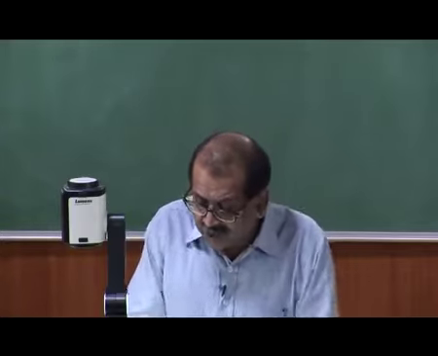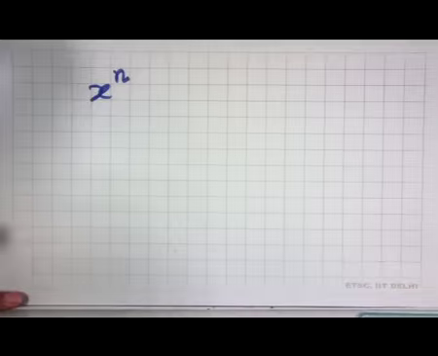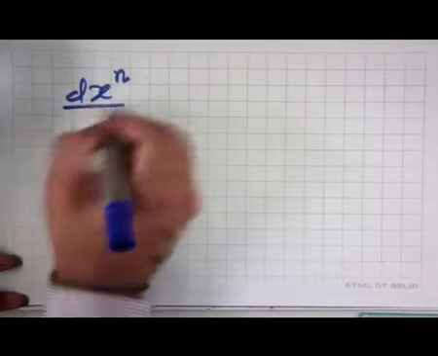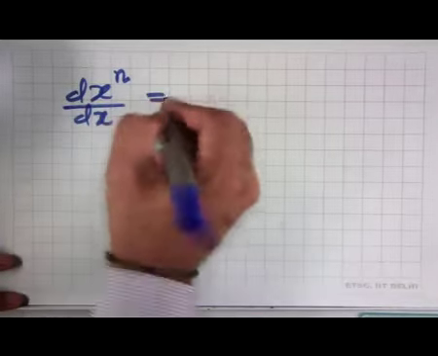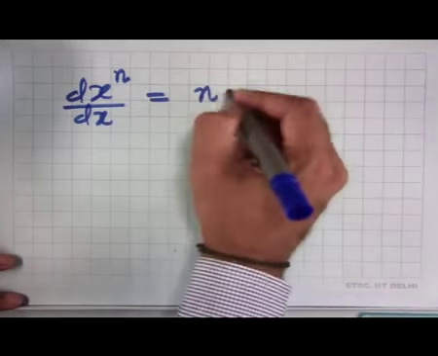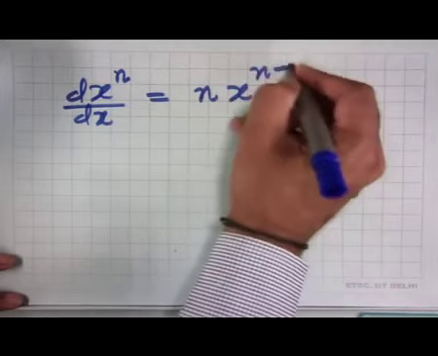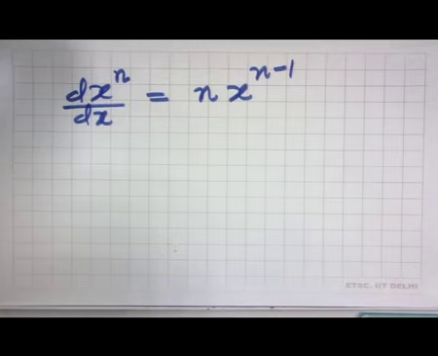Now, if we have a power, x to the power of n, then the derivative of x to the power of n with respect to x is given by n times x to the power of n minus 1.